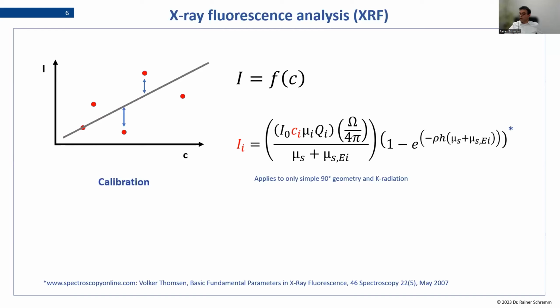There's another question. What if my samples are smaller than my sample mass? This is also a condition which is very important to standardless software. That means if your sample does not fill the complete X-ray beam, then you also lose information. This is the same as with the particles.